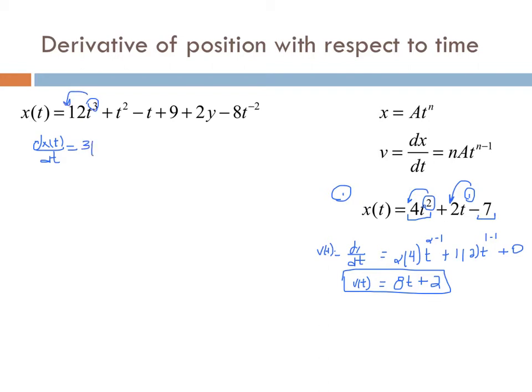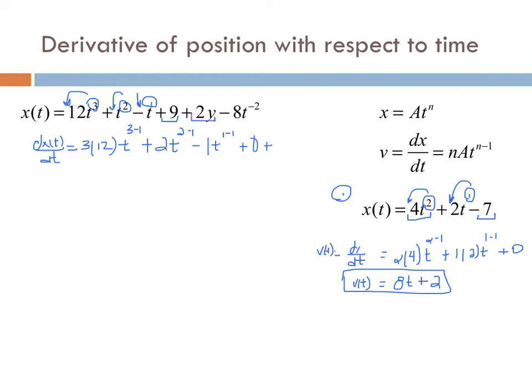That gives us 3 times 12t to the 3 minus 1, always your exponent minus 1, plus, bring that down to the front, that's 2t to the 2 minus 1, minus, we have that 1 as our exponent, bring it down, 1t to the 1 minus 1, plus, here we have a constant, so that's 0.